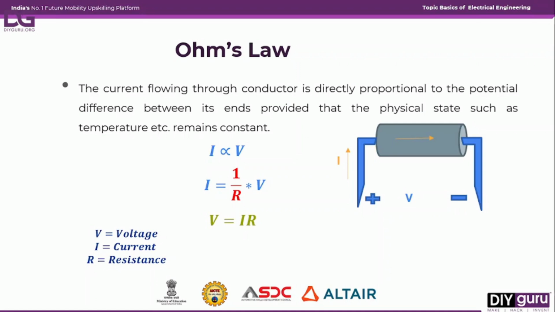So this is the statement: when a voltage is applied across the two terminals, because of this potential difference, there is a flow of current. This current flow is directly proportional to the potential difference applied across its terminals.